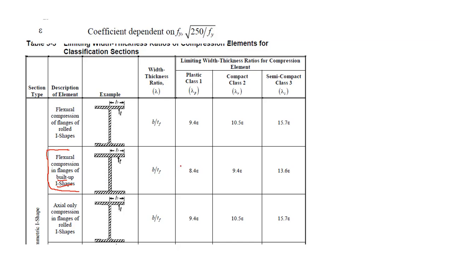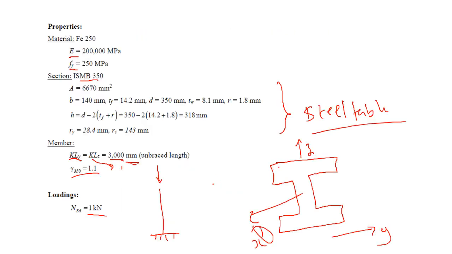The shape is a built-up I section, and for a built-up I section we calculate b by tf against 8.4 epsilon, as epsilon is 1. So the plastic limit is 8.4, and we find b by tf here. B is 140 and the thickness of the flange is 14.2.